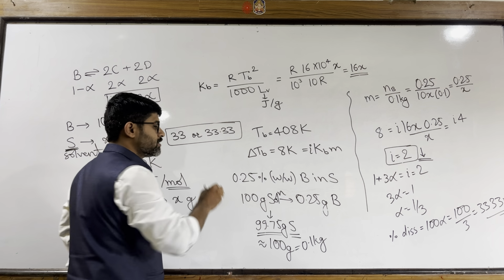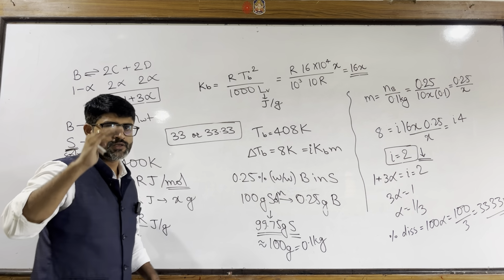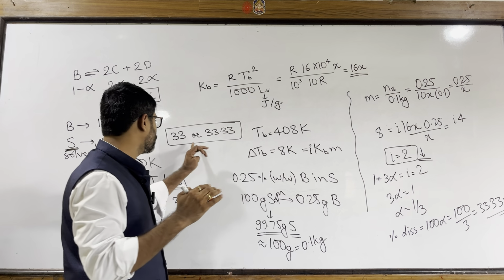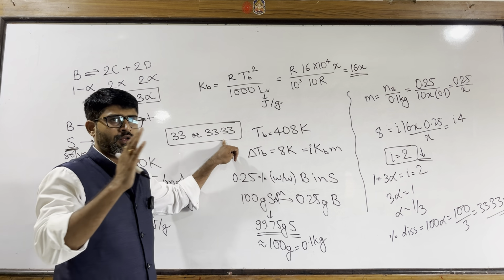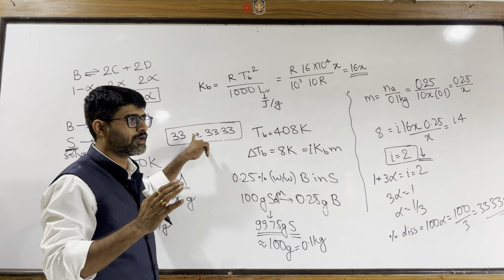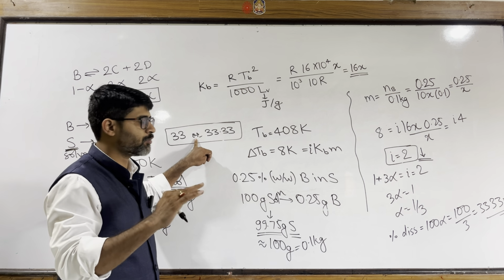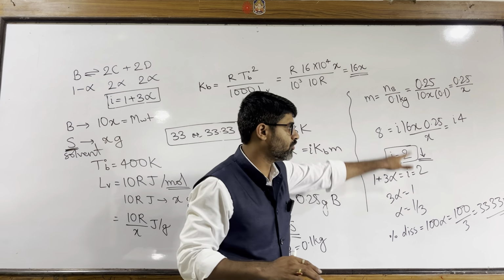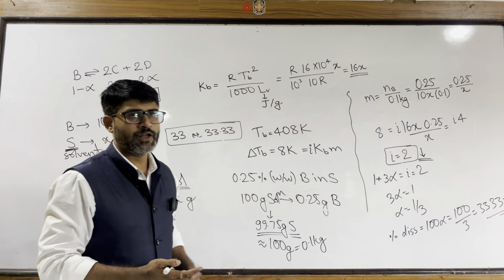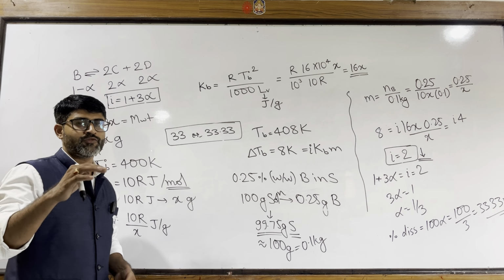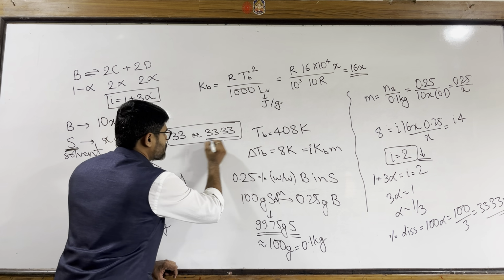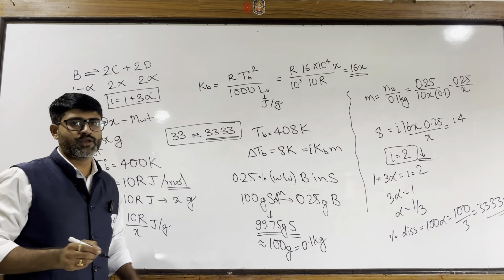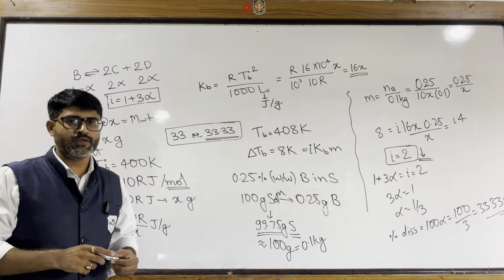And the answer from JEE Advanced is in the range from 32 to 33.33. So this answer is definitely correct. If you write the answer by exact calculations, then that answer will be more correct. So our answer is coming to be 33.33. That's it. Thank you.